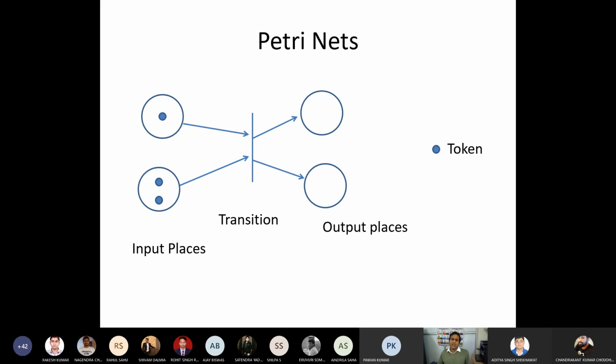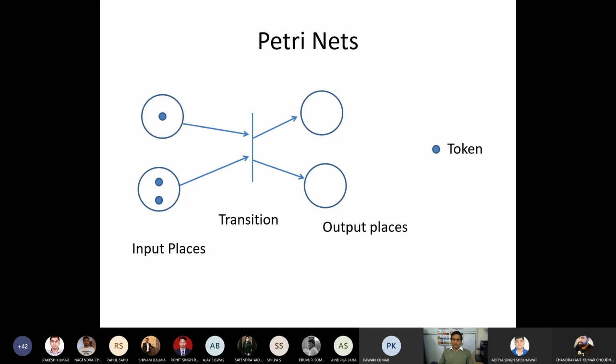Tokens can be thought of as data, or as some sort of resource. If those are available with the entity, it can fire a transition. Transition means it can do certain processing. If it has no data, it is not allowed to fire.